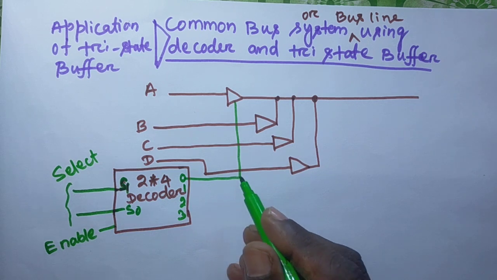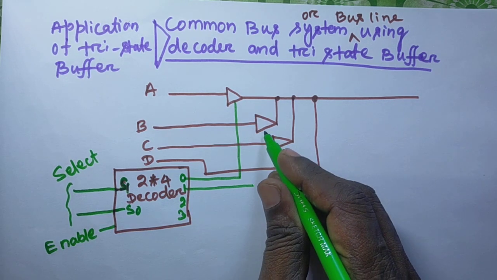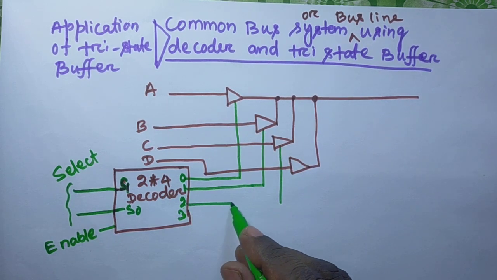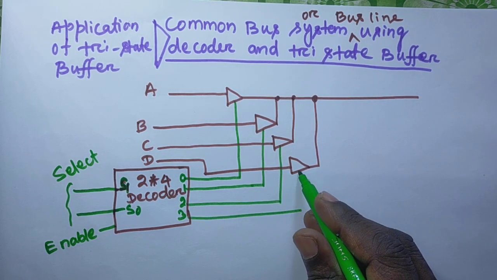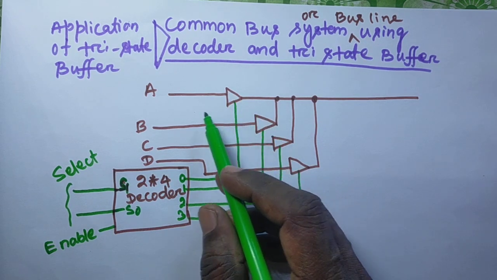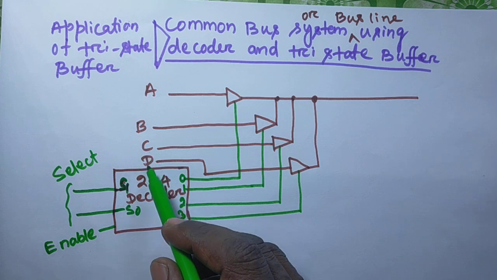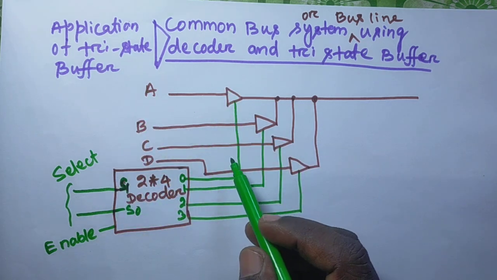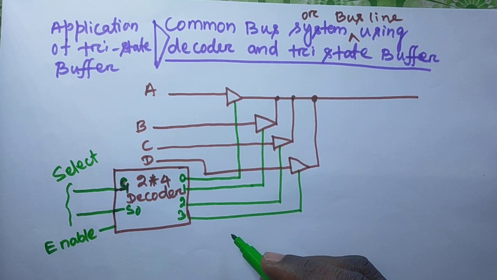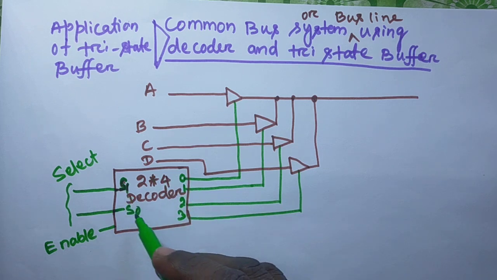You see, very simply I will mention all outputs, how they will connect. Okay, how it will connect. So this is the basic application of the tri-state. This is a tri-state because A, B, C, D are normal inputs we provide, and another state, that is data or inputs, is provided by this decoder.